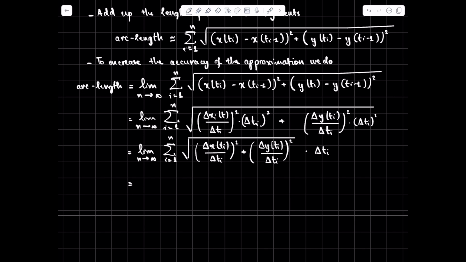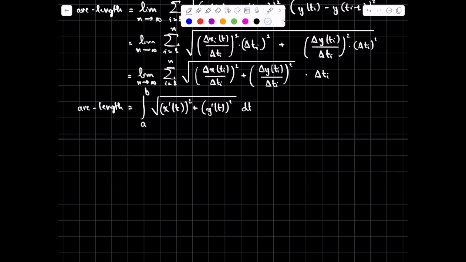And instead of keep writing the limit of the Riemann sum, you're going to turn that into an integral from a to b of the square root of x prime of t squared plus y prime of t squared, and delta t becomes dt. And this is the formula for the arc length of a parametric curve.